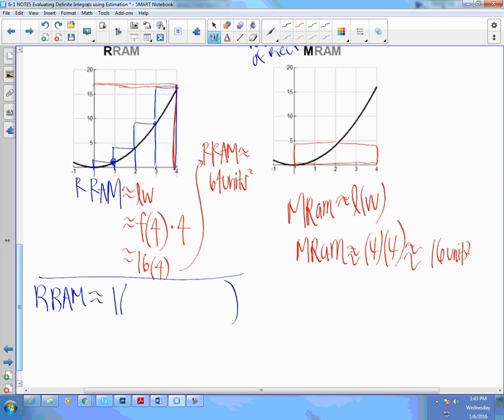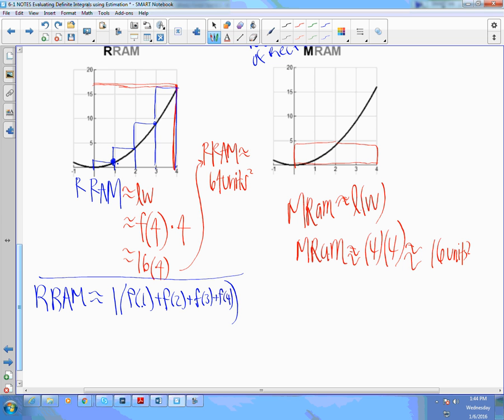No, I start with, this is important because people mess this up, so please listen. When you get in right approximation, you skip the beginning of your interval and start with the next one over. But you have to put the endpoint: f of 1 plus f of 2 plus f of 3 plus f of 4.